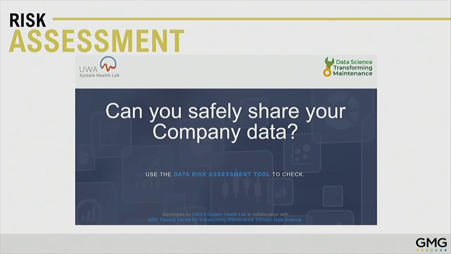This is what you want to give to your legal guys, because this is what they're worried about. This is a tool that the University of Western Australia Prognostics Engineering Lab have created. It basically is a questionnaire. Does your data set contain any financial information? Yes, no. And you get a number at the end of it.